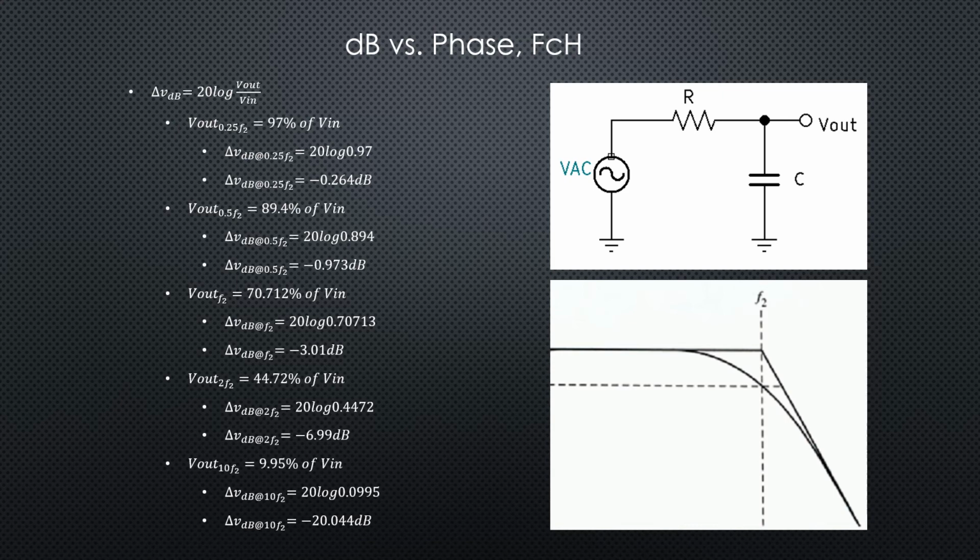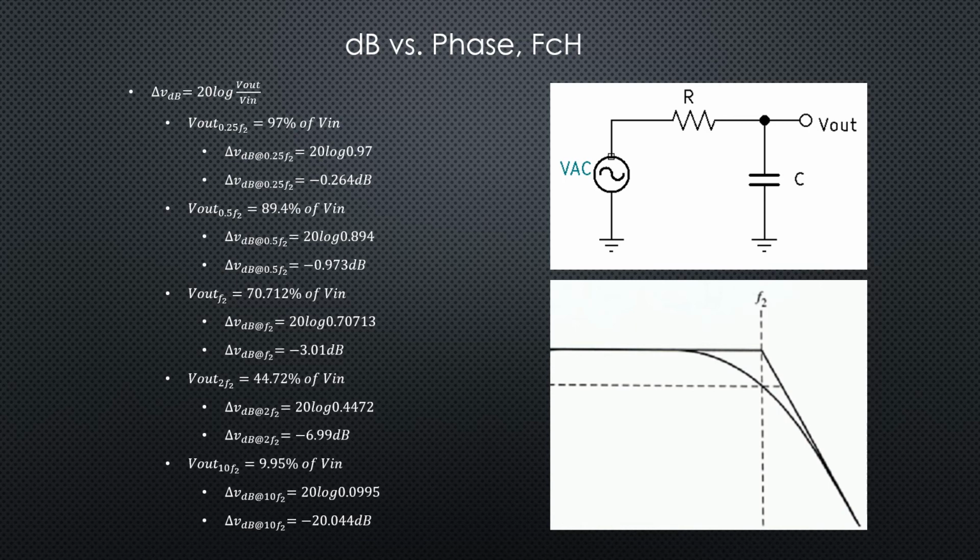We would expect that because it's in our passband. At our 0.5 F2, we're still in our passband, and we see that we get negative 0.973 dB. Now at F2, at our cutoff frequency, we'd expect it to be 3 dB, and we see that it's minus 3.01 dB.